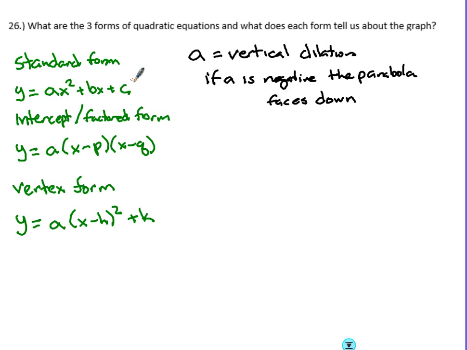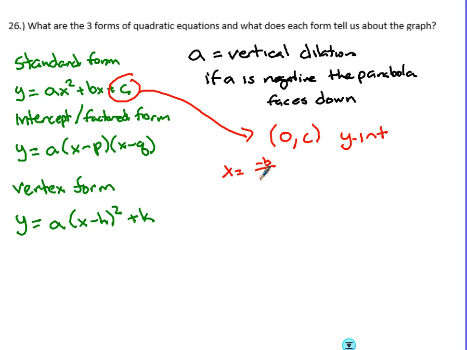Now, starting with standard form, the c value tells us the y-intercept, where the point 0, c is the y-intercept. The a and the b value help us find the vertex because x is equal to negative b over 2a is the axis of symmetry, which also helps us figure out the x value of the vertex.